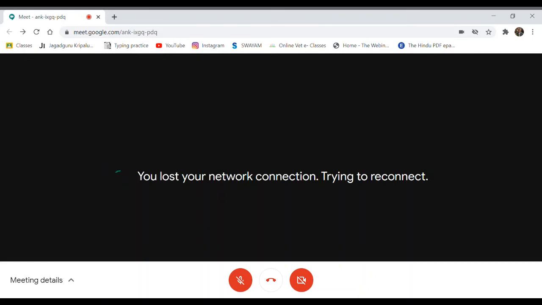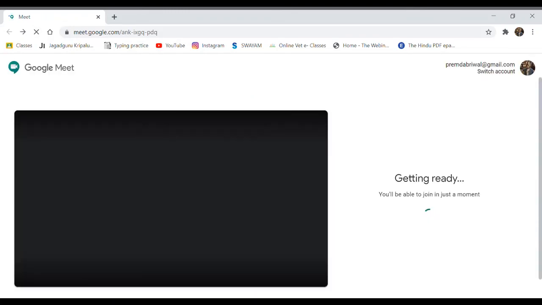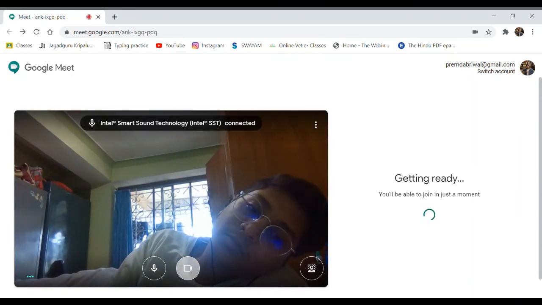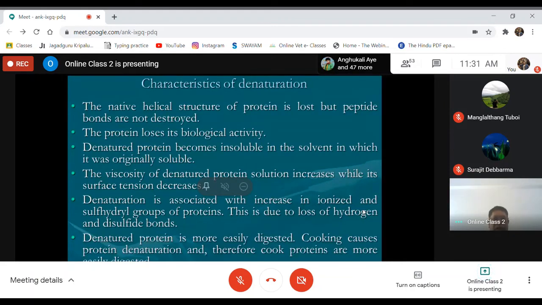When the proteins are in a native conformation, then the groups that should be exposed... Denatured protein is more easily digested because now it is in the extended form.